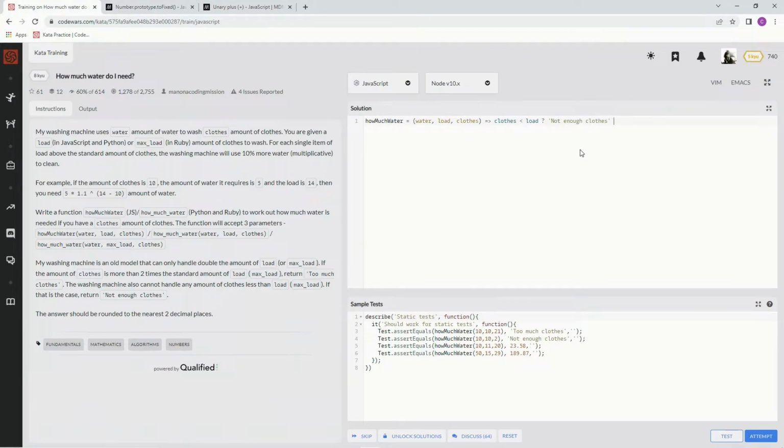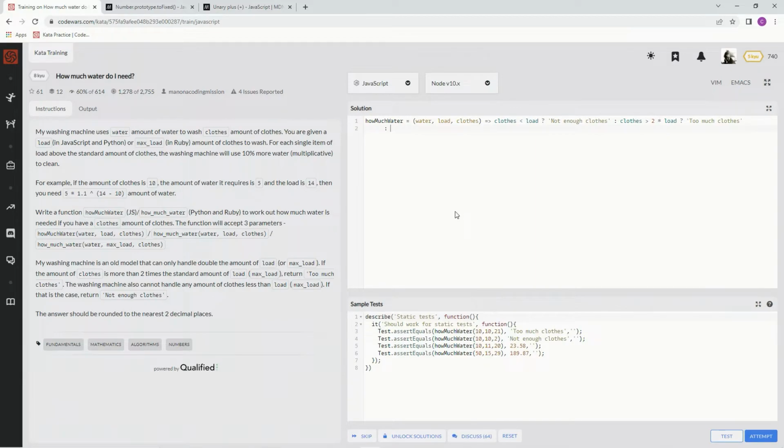And then also if clothes is more than 2 times load, we're going to say too much clothes. And then I'm just going to put this down here just for now. And then if not, we're going to use this right here.